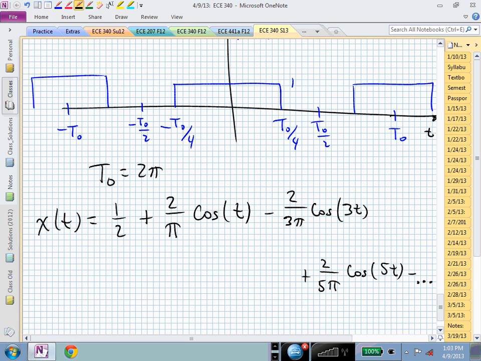Right? What's the power in the second harmonic of x of t? There is no second harmonic present, is there? So the power better be 0. You would be looking for a cosine of 2t, and you don't see it. But if I said, what's the power in the third harmonic?